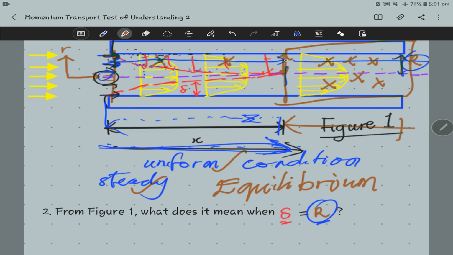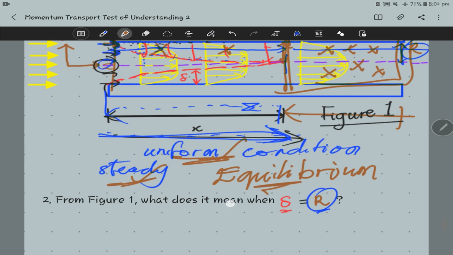So the moment the boundary layer thickness is equal to the radius, we are entering the fully developed region, and as such we are entering an equilibrium condition part of the system. Why? Because within this side, the uniform condition is met and the steady state condition is met. So that's why we say equilibrium.